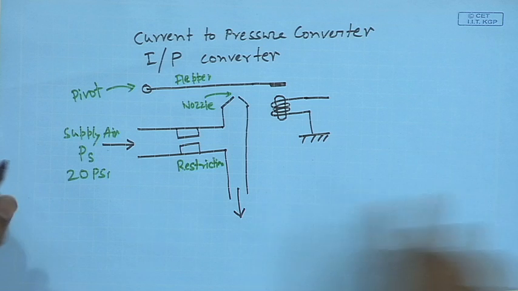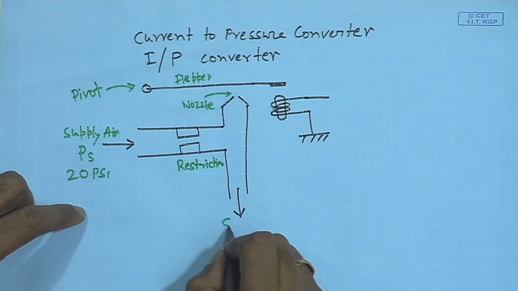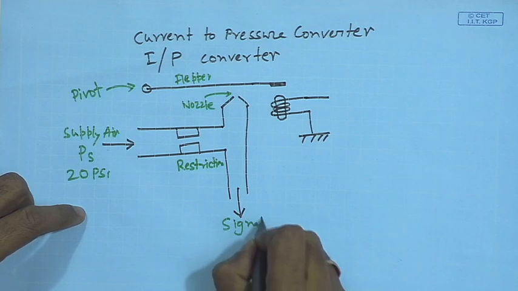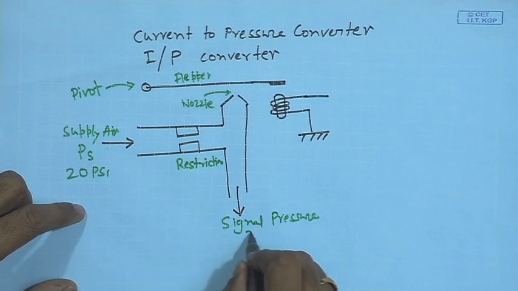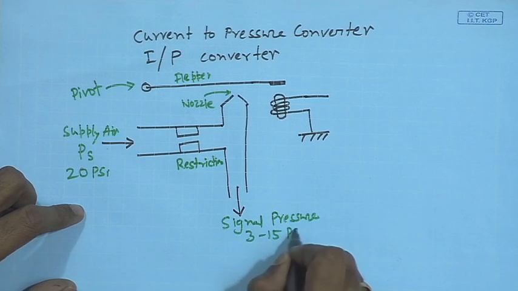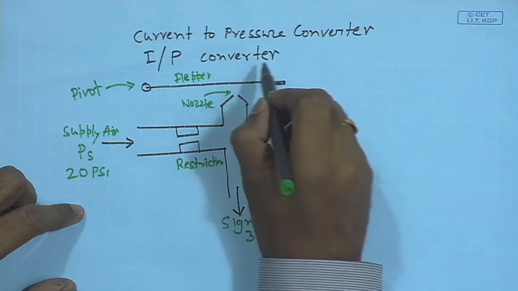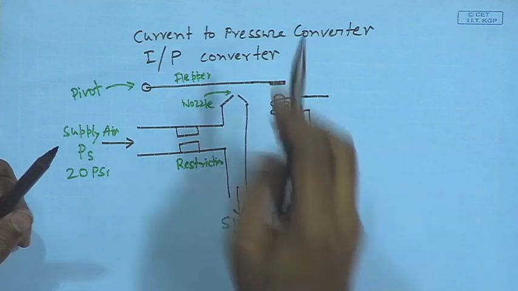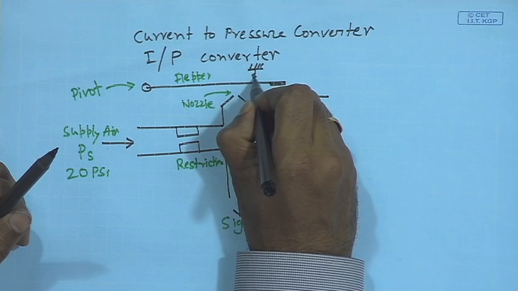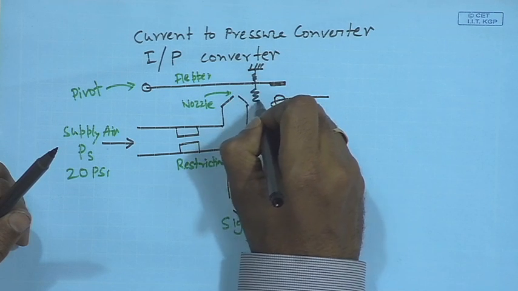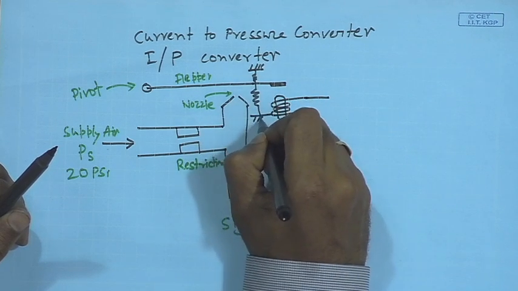This is the signal pressure or output pressure. This is a spring.